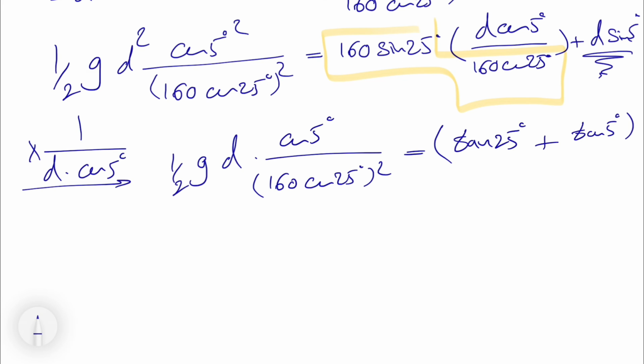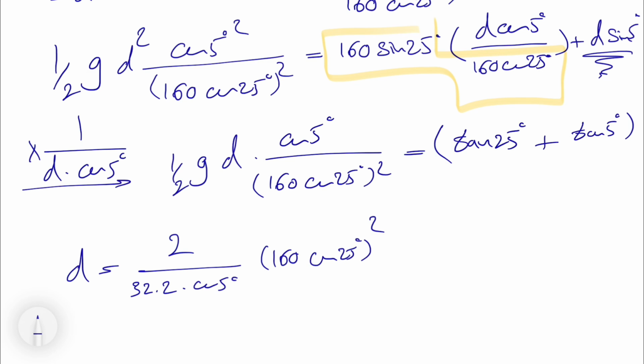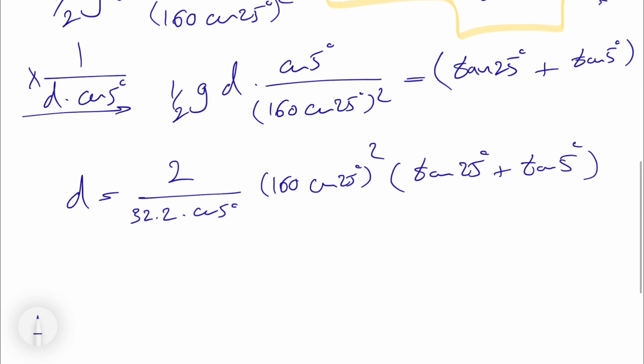So that would be pretty much for the first. And the second one we have here, d sine of 5 degrees divided by the cosine of 5 degrees, which will be the tangent of 5 degrees. And that's pretty much it. If we want to find d in here, we'll have 2 divided by g cosine of 5 degrees, so g will be 32.2 times cosine of 5 degrees.